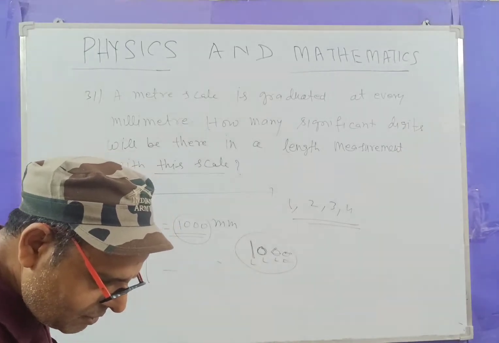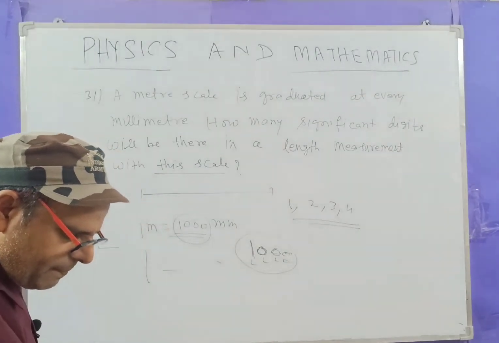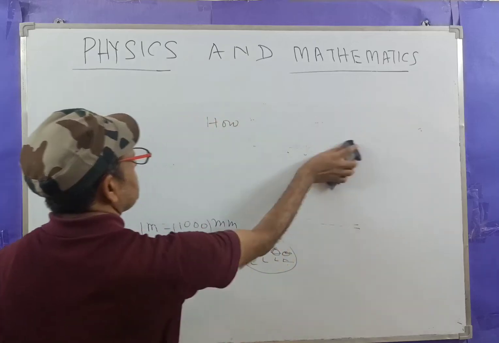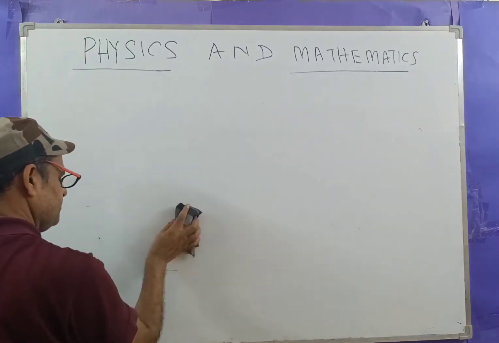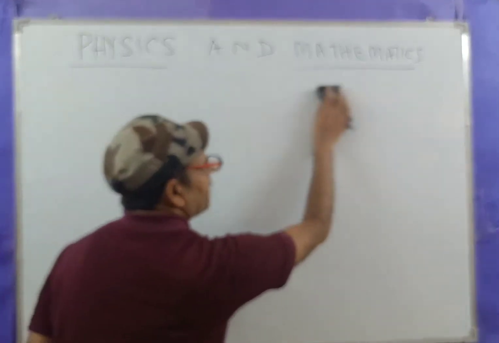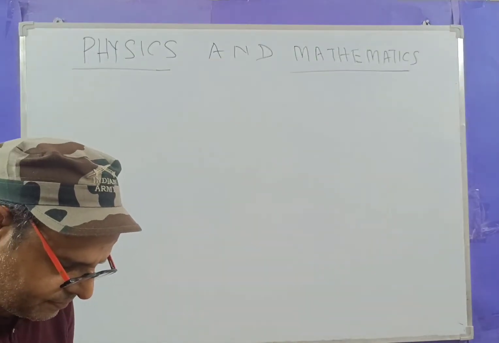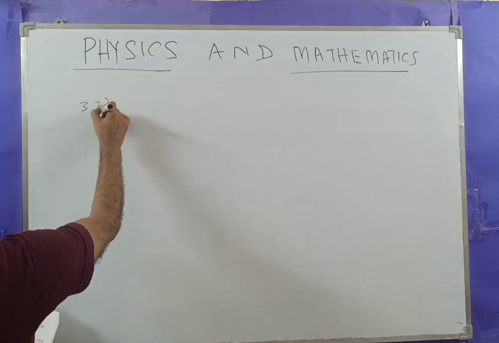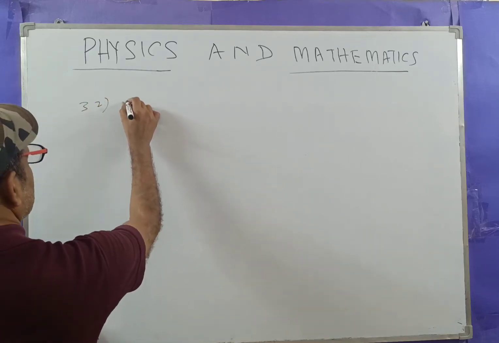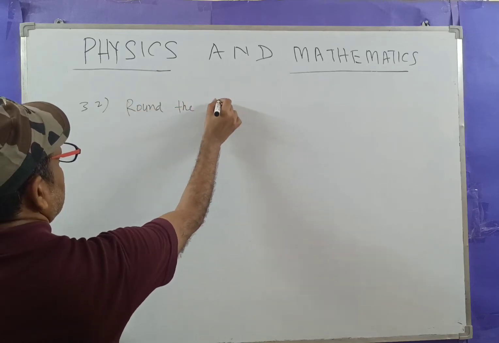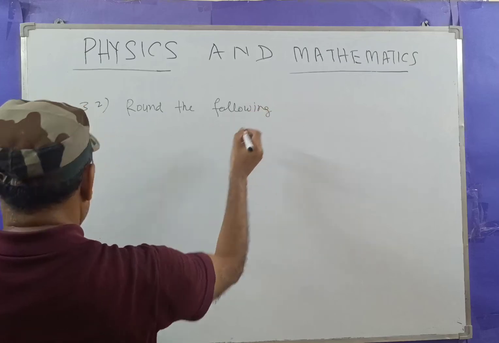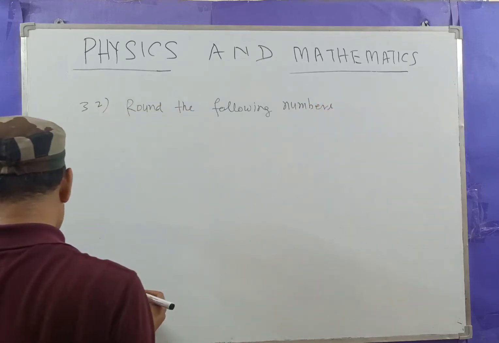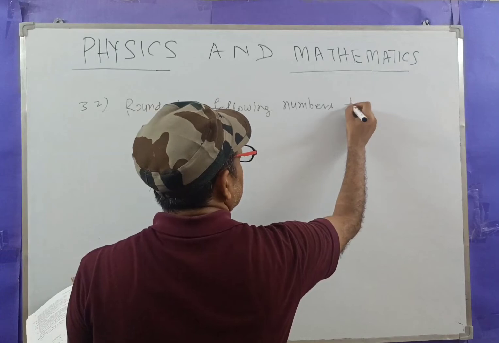Now question number 32. Round the following numbers to 2 significant digits.